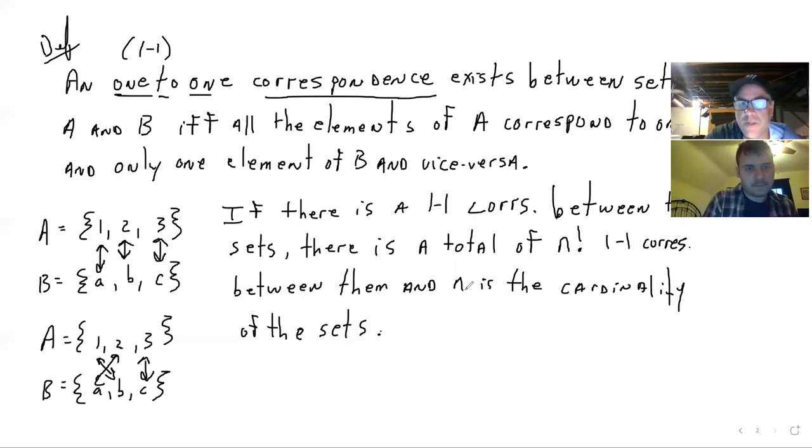So essentially, it says they're the same size. They have the same cardinality. If the two sets have different cardinalities, then there's not going to be a one-to-one correspondence between them.